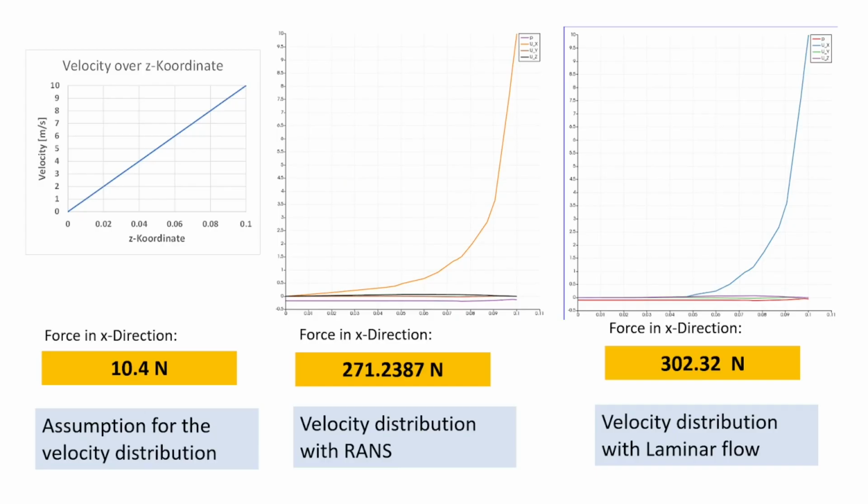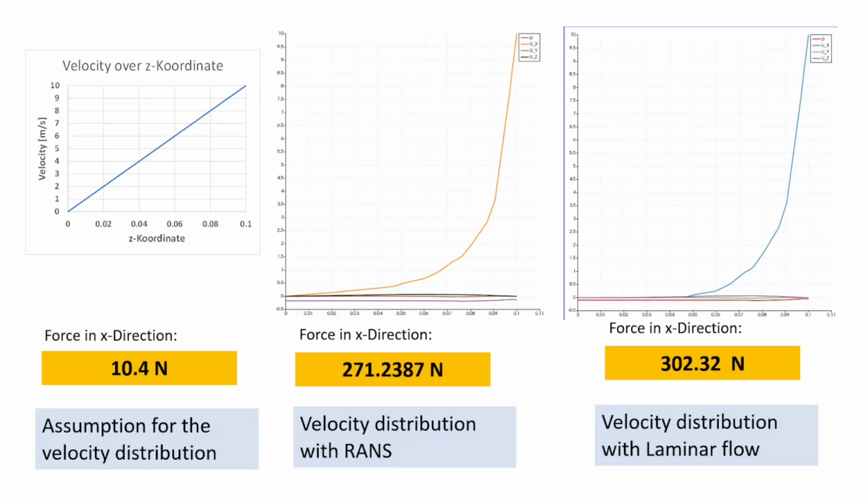Now we compare the results. On the left side, you see the analytical approach. You see that we had a linear distribution over the z coordinate. This would lead to a force in x direction of 10.4 Newton.